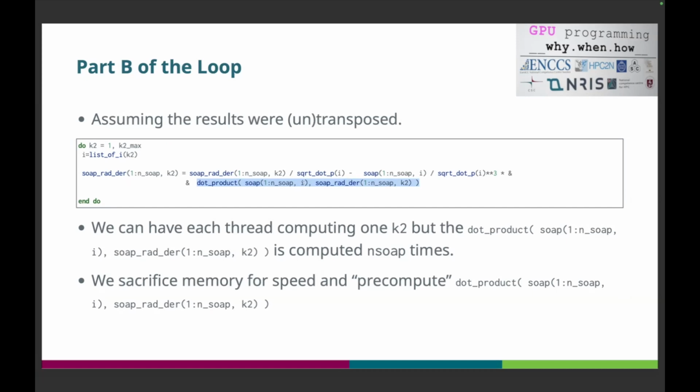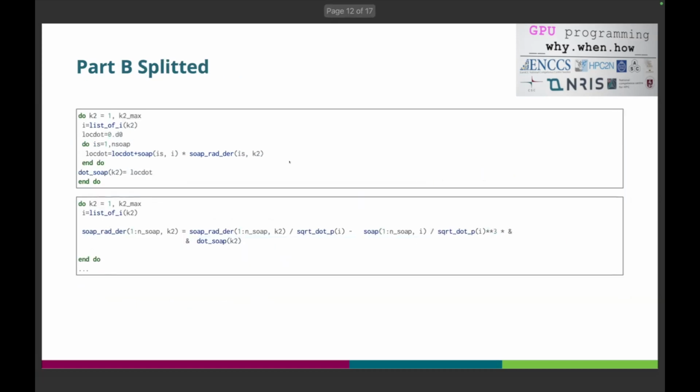Our solution here was to actually pre-compute this dot product, make another loop, and for each one compute this dot product and save it to a matrix.